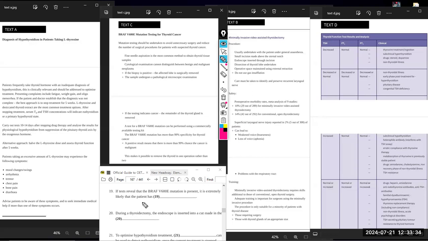Which text? Text C, the last point. A positive result means positive. Notice that the writer doesn't write the word positive literally in the question, but he said something like extremely likely that the patient has something. Yes, if it is positive, this is it.